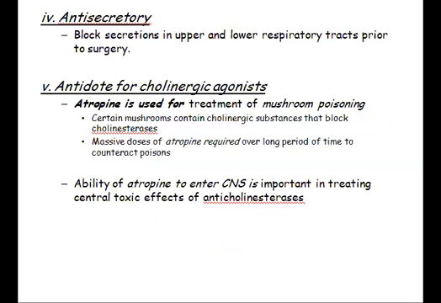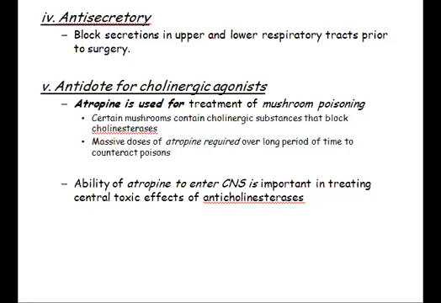The atropine can be also used as an antidote for cholinergic agonists, and this part was explained in the chapter concerning the cholinergic drugs. So the atropine is used for the treatment of mushroom poisoning, for example. In nature we have certain mushrooms that contain cholinergic substances that block cholinesterase.